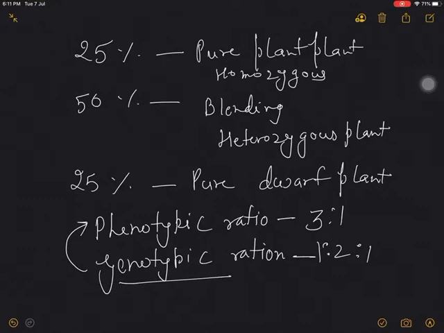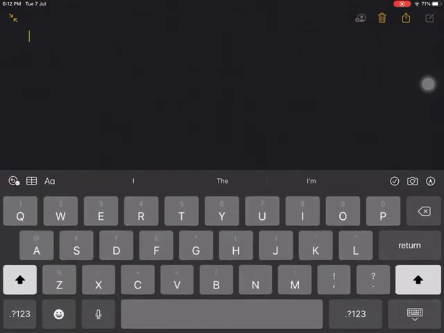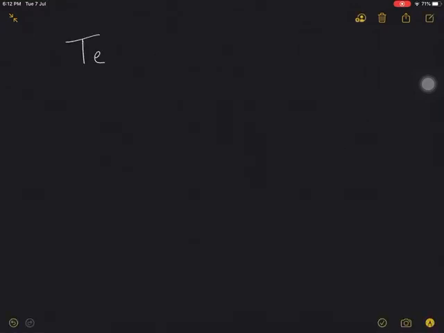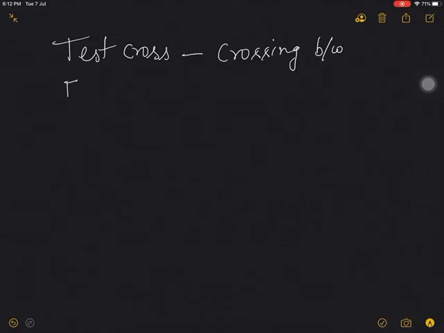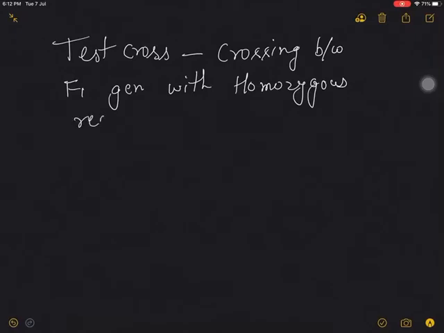Second law, how will you find out test cross? What does it mean? Test cross means crossing between F1 generation with homozygous recessive plant.